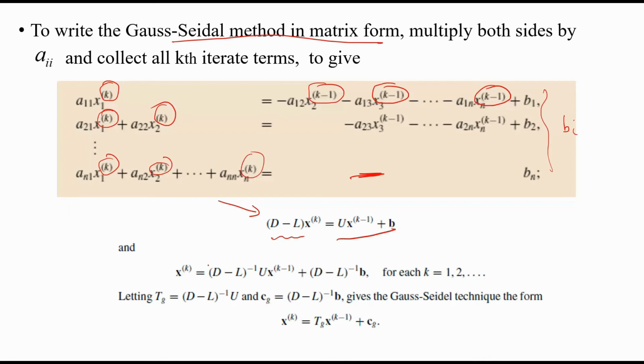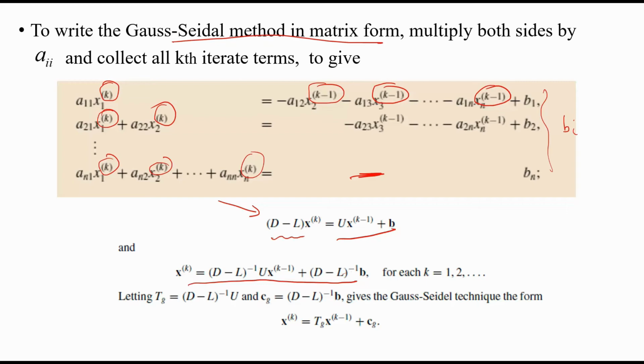So again, if D minus L inverse exists, what can you write? You can write xk is equal to D minus L inverse U xk minus 1 plus this. So this is the matrix form of the Gauss-Seidel method, and this will be useful for writing the program in MATLAB.